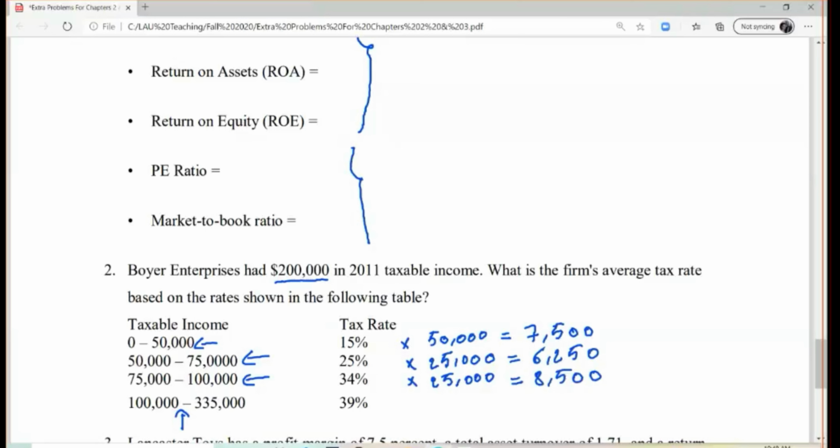Now for the fourth tax bracket, we are already in that tax bracket. So I do not take the full tax bracket. Instead of taking the upper limit minus the lower limit, I take the taxable income 200,000 minus the lower limit, which is 100,000. So here I have 100,000, which is 200 minus 100, times 39%. So $39,000.